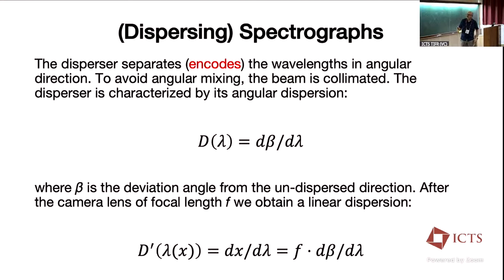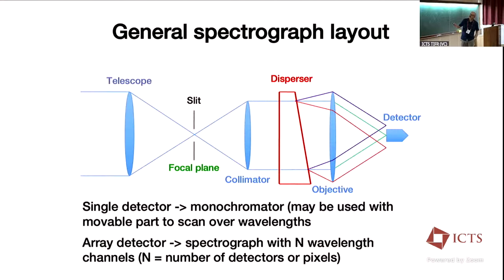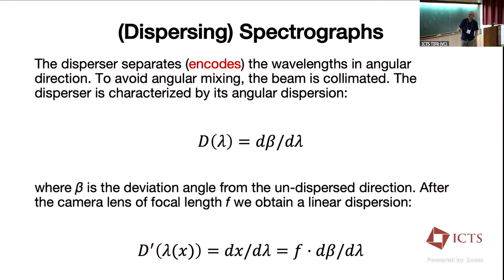That's the angle of deviation here, okay? If I have a camera lens here, then I can define the linear dispersion, which is just the angular dispersion multiplied with the focal length. This tells me at which physical position on the detector each wavelength will be focused.